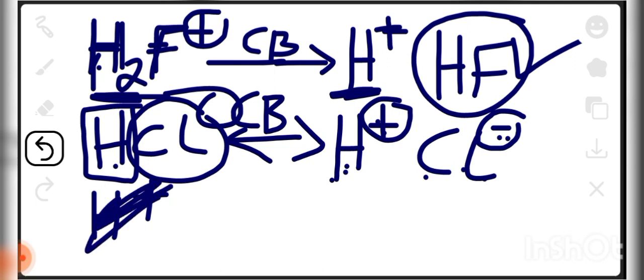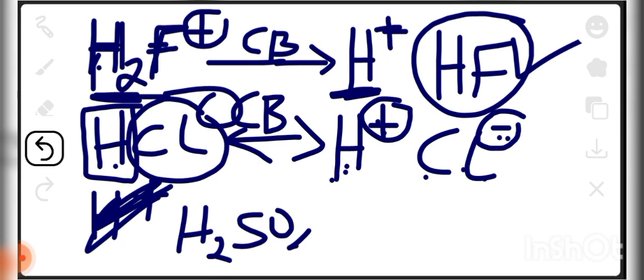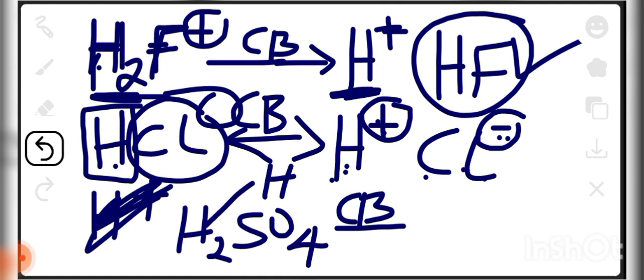Now let's look at another one. Let's say we have the conjugate base of this lovely compound, which is H2SO4. So what will be the conjugate base of this? Remember what you do, just remove one H plus from here.